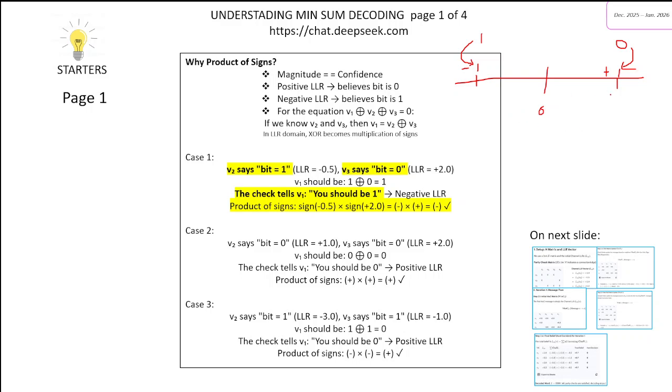When noise affects this plus 1, which indicates a 0, it might deviate here or there. If it deviates on the left side, as I said, if it reduces to plus 0.5, then we have lowered our confidence in saying that a 0 was sent, coded as plus 1. BPSK modulated, not coded.